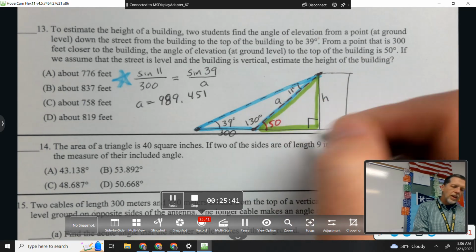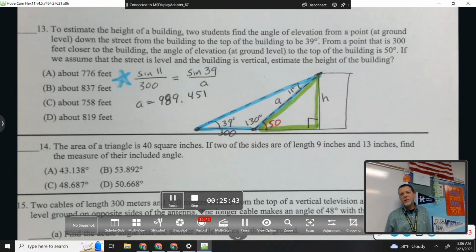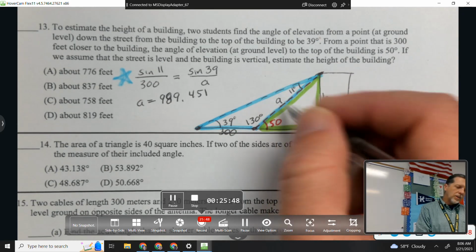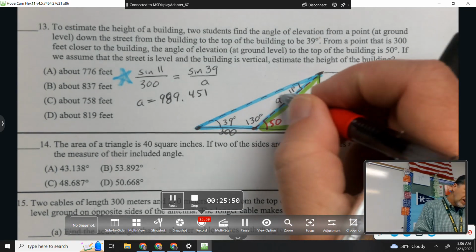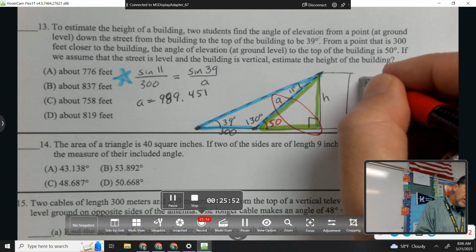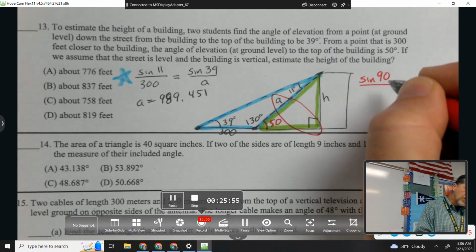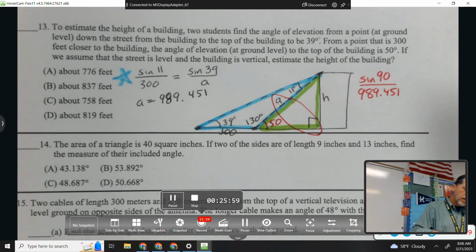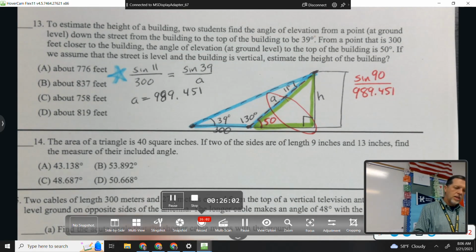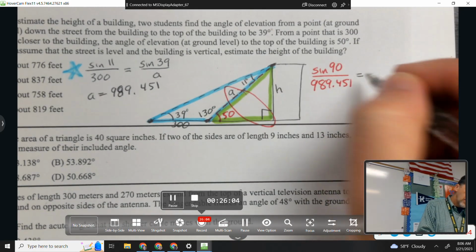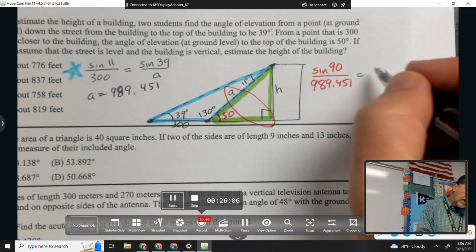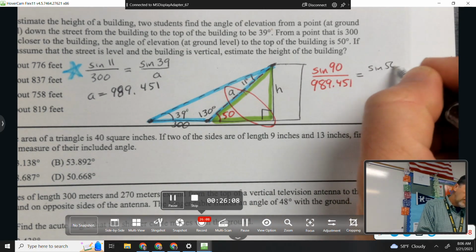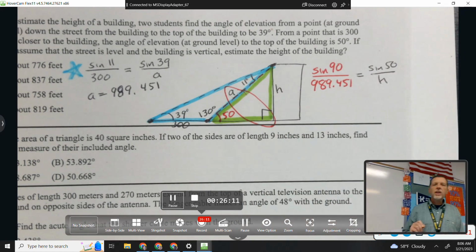So this is a right triangle, so SOHCAHTOA you could use, but you could also still use law of sines. So I now know a pair. So even though it's sine of 90, it still works. So sine of 90 over A equals sine 50 over H. And I'm almost there.